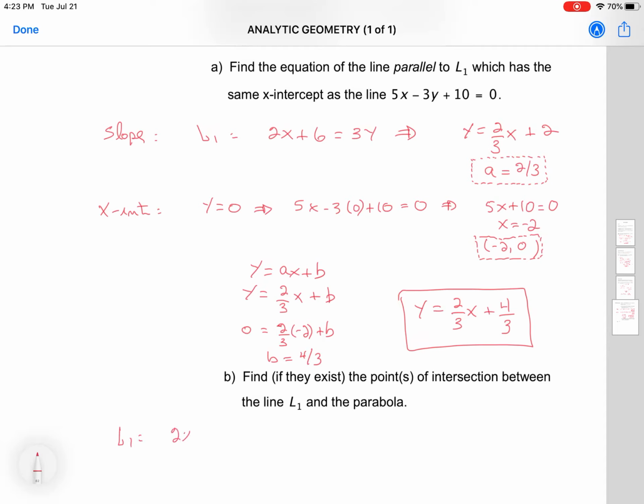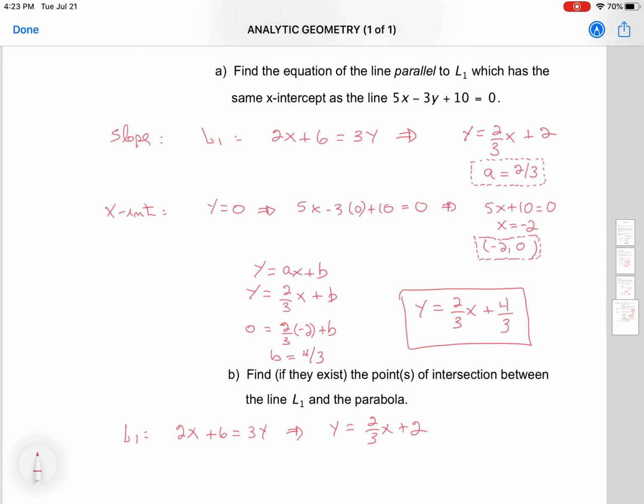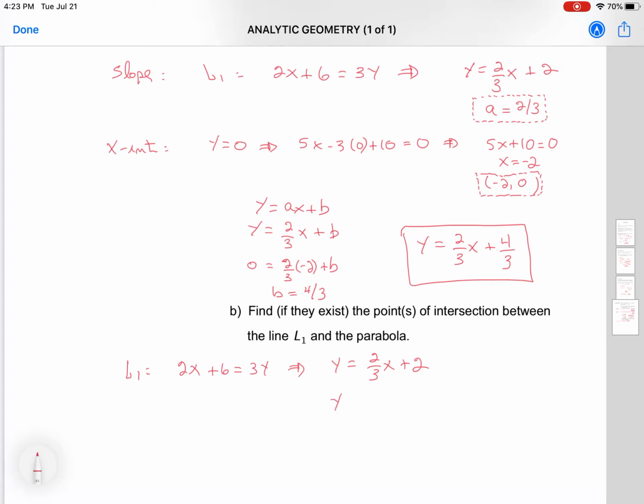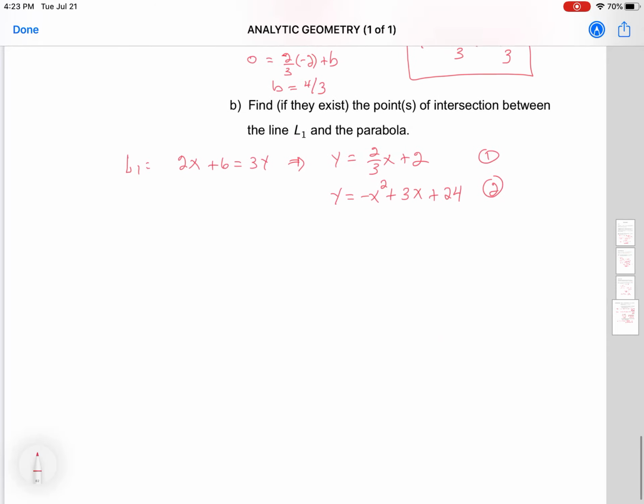And on to find now the point of intersection between the line L1, which I will rewrite as 2x plus 6 is equal to 3y, which of course is the same as y is equal to 2/3 x plus 2. That and the parabola, which we have as y is equal to minus x squared plus 3x plus 24.